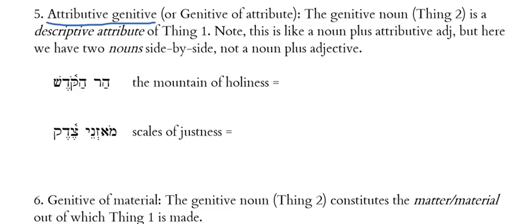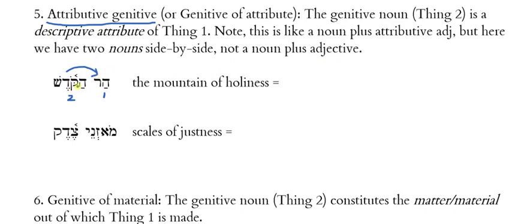Right? I could say ish tov, a good man, noun followed by an adjective. But here, what I have is two nouns side by side, because what we have is a construct chain consisting of thing 1 and thing 2. They're two nouns, not a noun followed by an adjective, which is what we have when we have an attributive adjective. Okay?